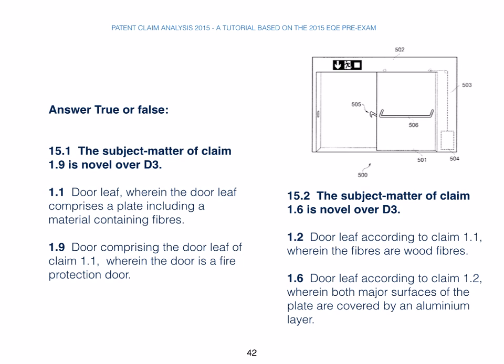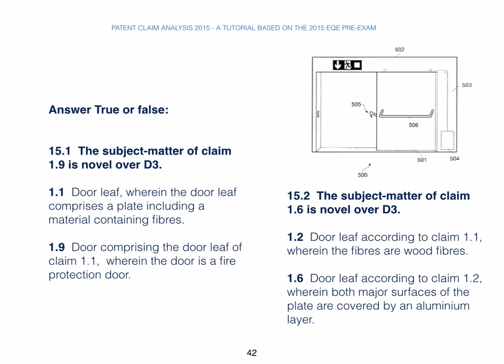Claim 1.9, wherein the door is a fire protection door, and claim 1.1 is wherein the door leaf comprises a plate including a material containing fibers. Claim 1.9 depends on claim 1, fibers, and covers a fire protection door, therefore. Where are the fibers in D3? D3 is an emergency exit sliding door, but would or would it not protect against a fire? Make up your mind: true, novel, or false, not novel.